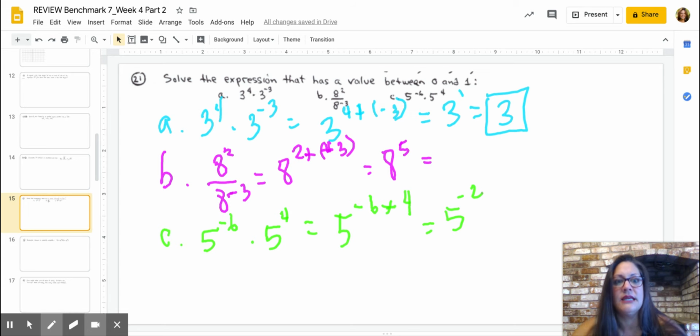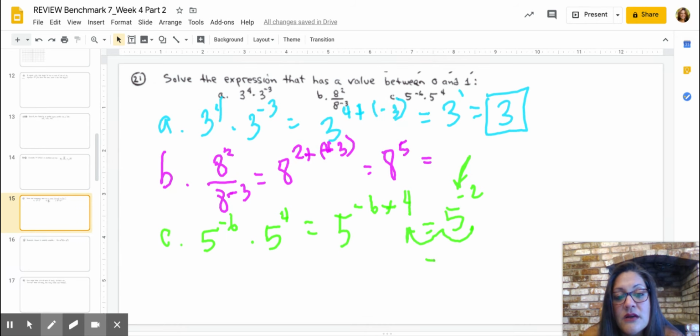With that negative exponent, we can actually get that negative out of there by making it a fraction. So I want you to think about this. We would move this decimal 2 places this way, or as a fraction, we would make that 1 over 5 squared. By putting it in the denominator, that's where that negative is.